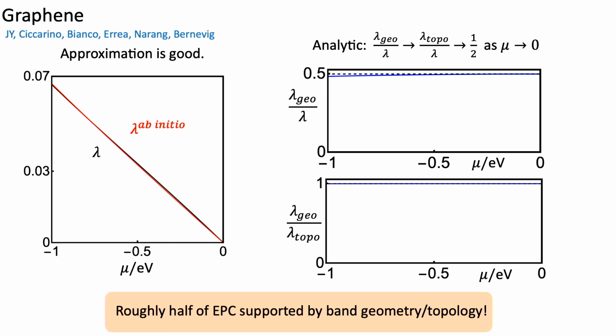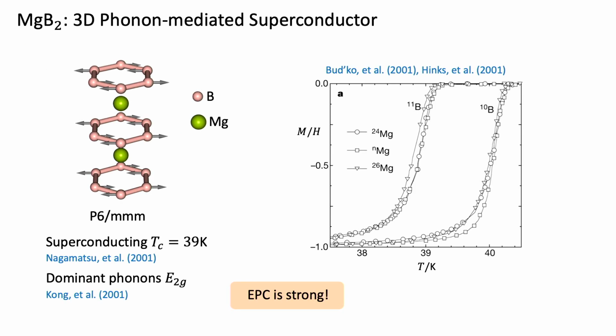You can see lambda from ab initio versus the Macmillan constant computed by us as a function of chemical potential. And you can see that the geometric part over the topological part, basically, they're equal to each other in graphene. So roughly half of it is supported by topology, by geometry.